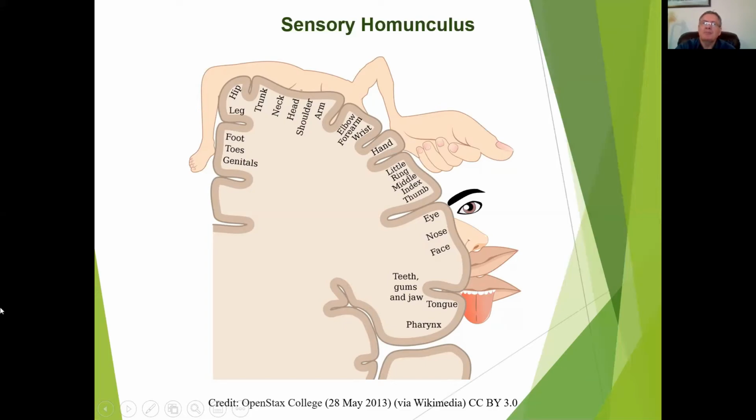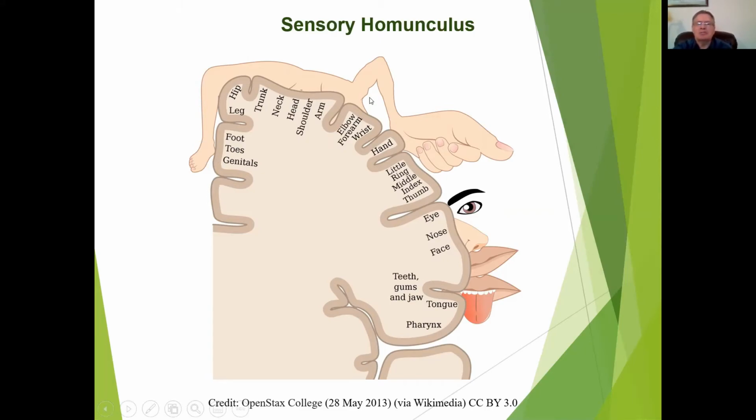As an example, the part of your brain that controls your finger movements is right near the place that controls your wrist movements, and that's right near the place that controls your elbow movements.